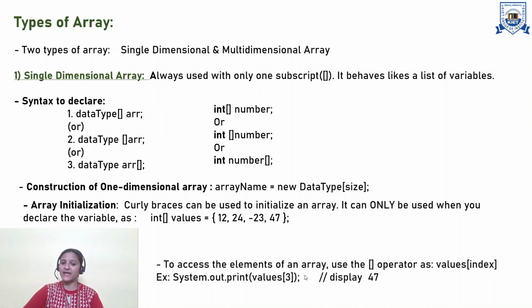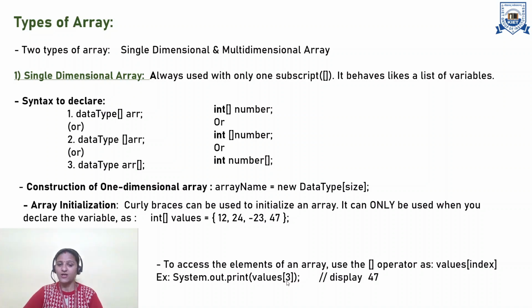To access the elements of an array, use this operator with the name of the array variable, and in this we provide the index, the position from where we want to access the element. For example, System.out.print values[3].